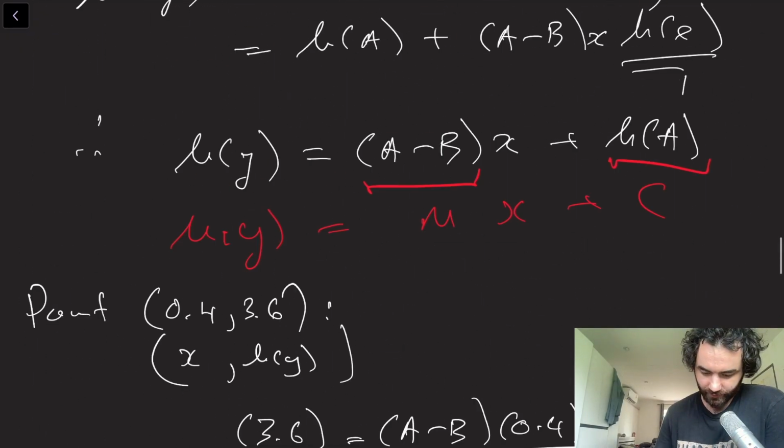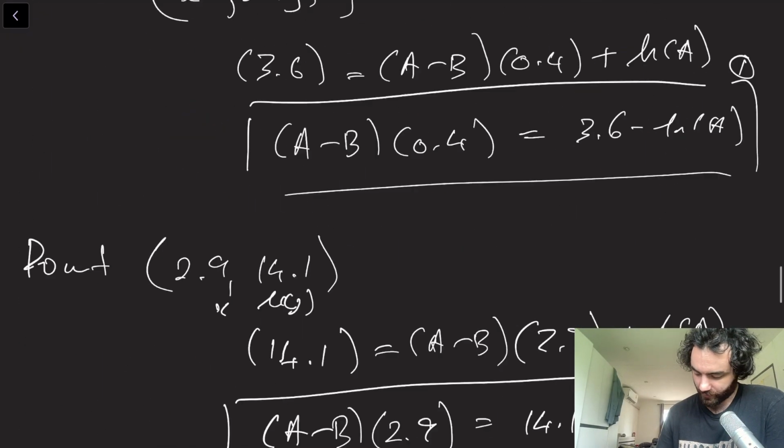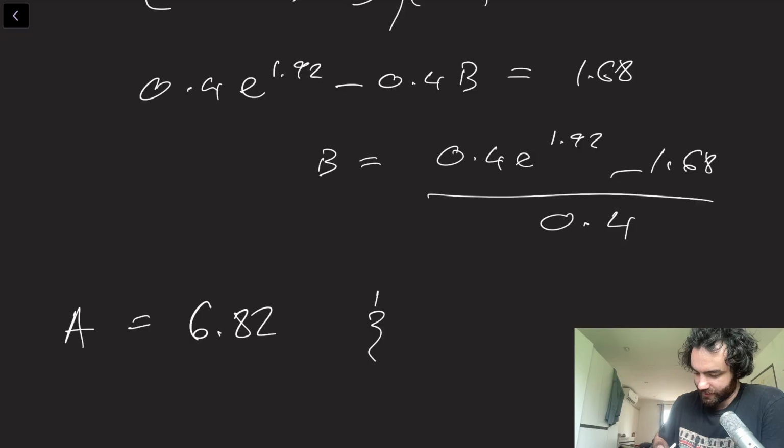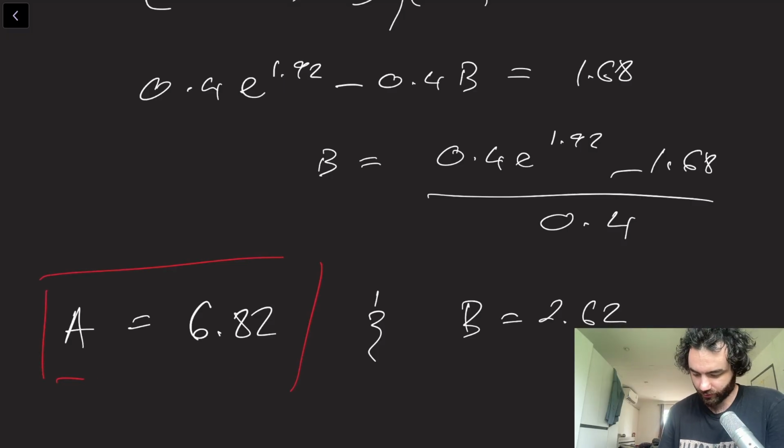How many significant figures do they want? 3. So 6.82 is a. And if you plug all that in, times 0.4 minus 1.68, divided by 0.4, is 2.62. And b is 2.62. And those are your answers.